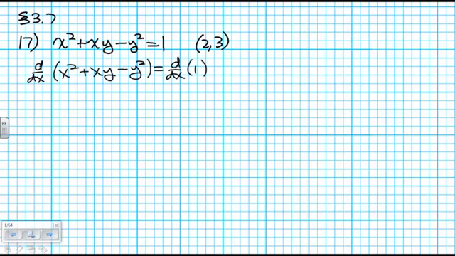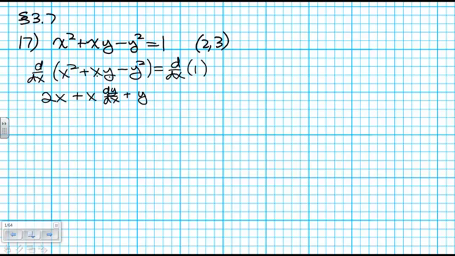The first derivative would be 2x plus x times the derivative, dy dx. So first times the derivative of the second, plus y times 1, because the derivative of x is 1.